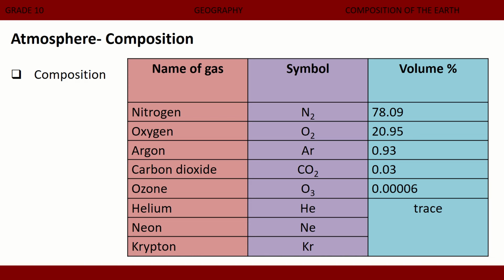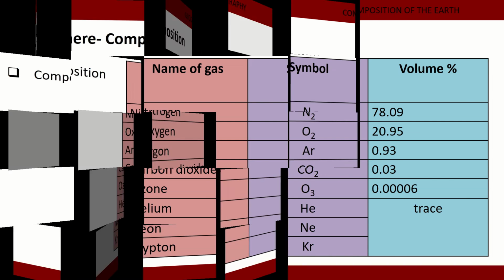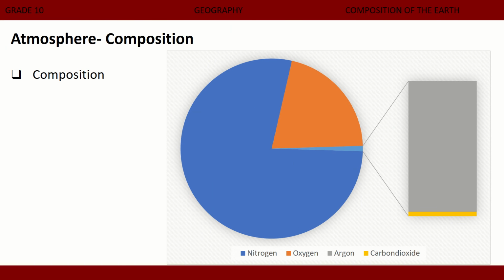Some of the other gases are oxygen, argon, carbon dioxide, ozone and helium. We can see the composition in a pie chart. We can see a large proportion is represented by nitrogen while the other larger proportion is represented by oxygen.